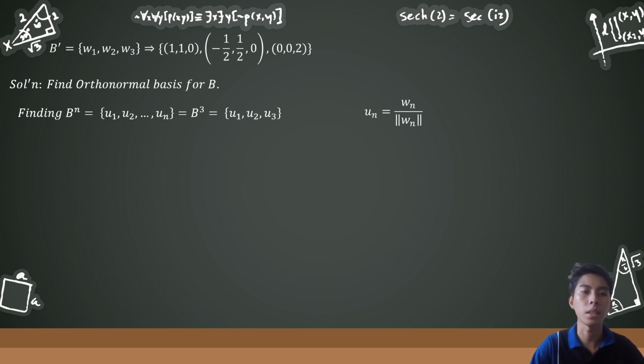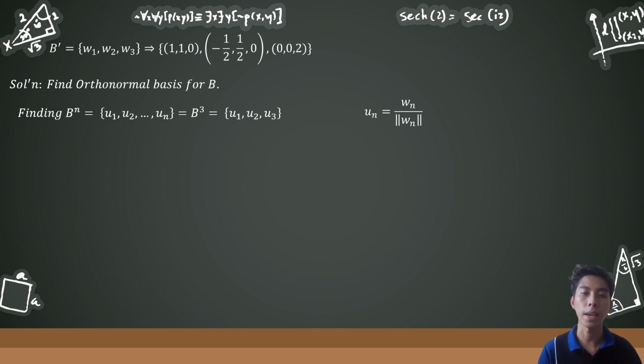So we are finding B prime, which is the set of vectors u sub 1, u sub 2 up to u sub n, which is equal to B raised to 3. Why raised to 3? Because we have three different vectors: u sub 1, u sub 2, and u sub 3. To find the orthonormal basis for B, we simply use the formula of the unit vector.